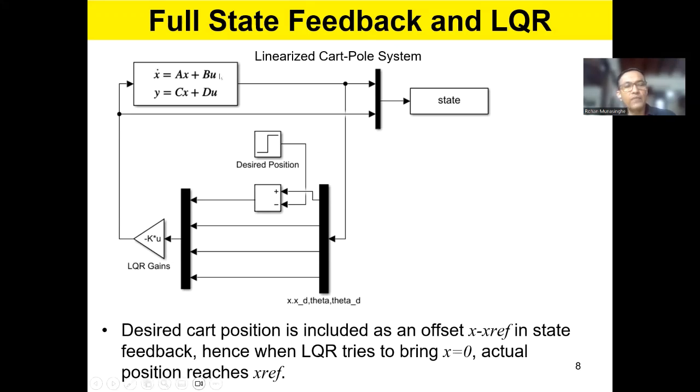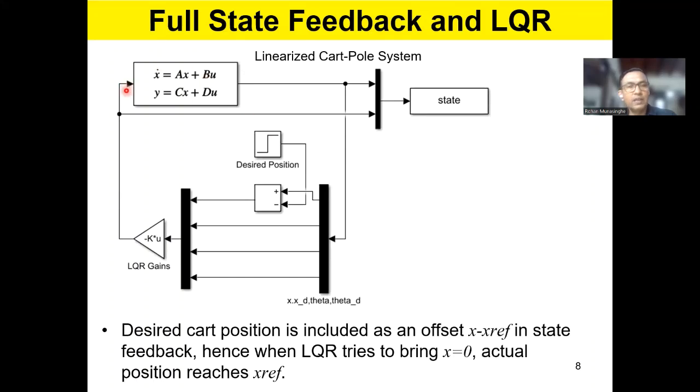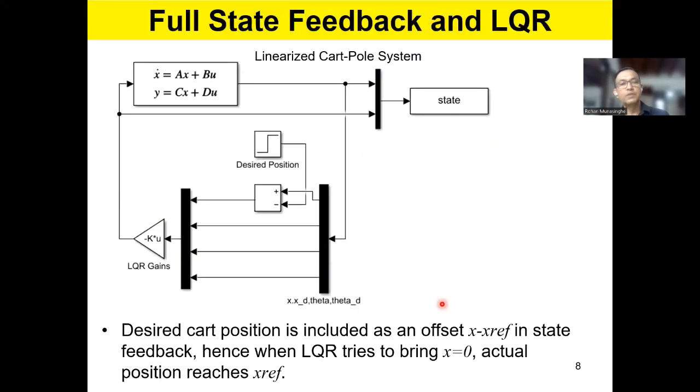If you have the plant, the linear model of the plant, A, B, C, D, four matrices, you can use MATLAB and use this state space block on Simulink and open it and put A, B, C, D. And in your MATLAB code, you have A, B, C, D clearly described. This matrix, for given mass, length, drag coefficient, etc. You know this matrix very well, and also this vector. So then this is just a piece of cake.